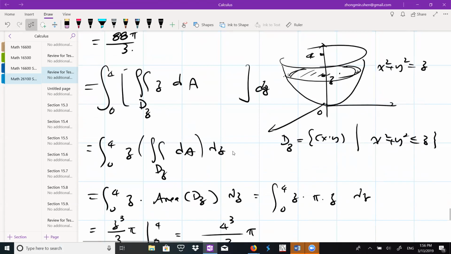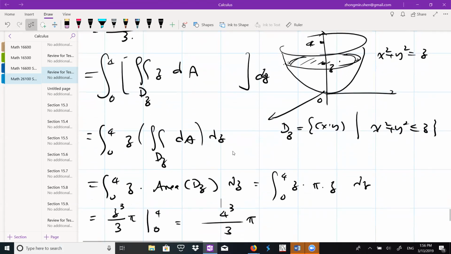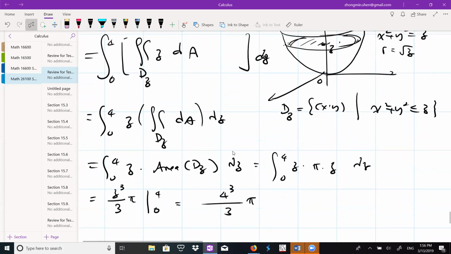So the area of this disk is going to be pi r squared. R is a square root of z, so r squared is still z. Okay, it's pi z. Okay. So you will get z squared pi. Then the antiderivative of z squared is going to be z cubed divided by 3. Okay.